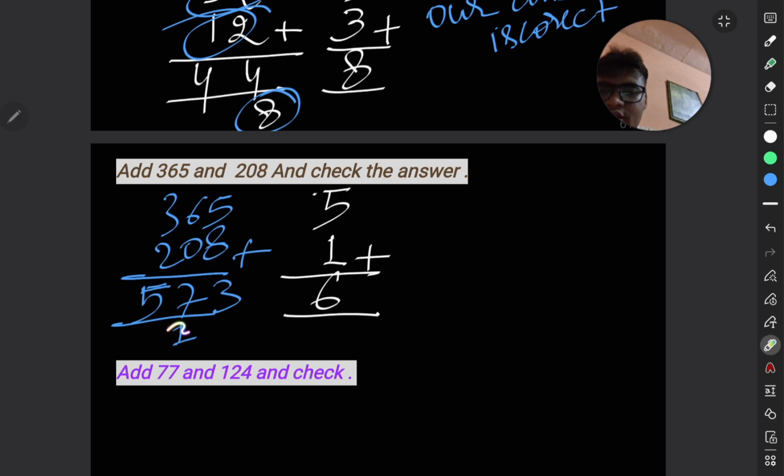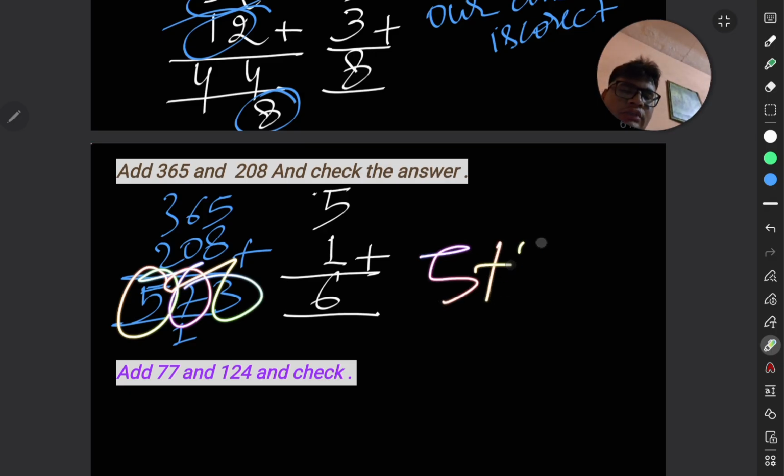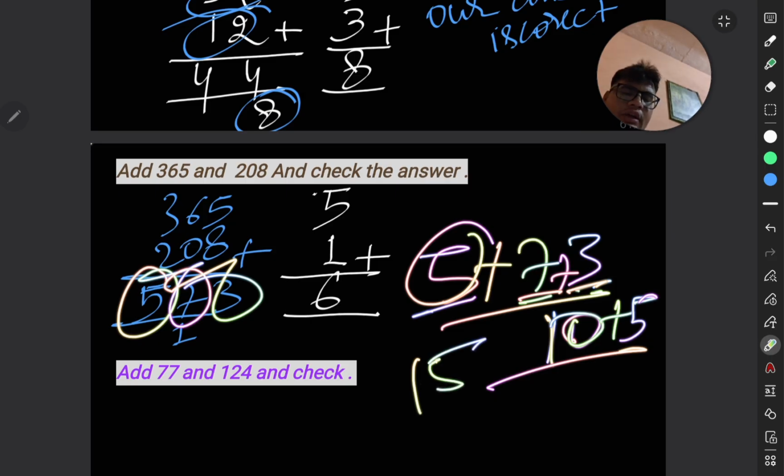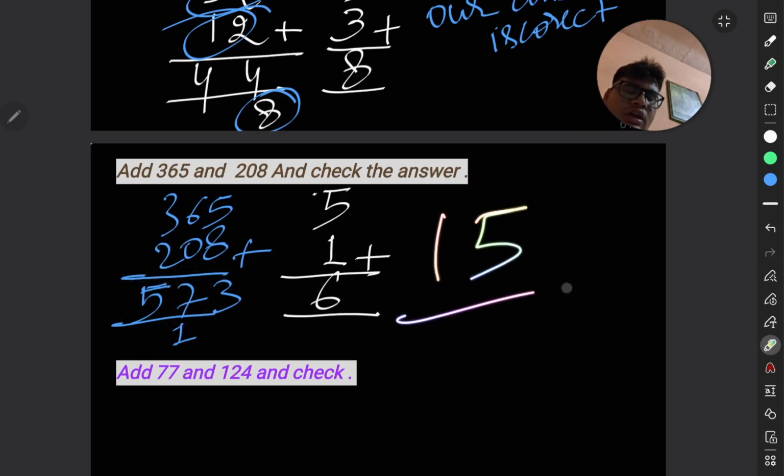Here is 5, 7 and 3. We will add these 5 and 7 and plus 3. You know 7 plus 3 will be 10, and plus 5, if we add this 5 and this 10, we will get 15. 15 is a two digit number, so we have to apply the process of finding the digit sum again.